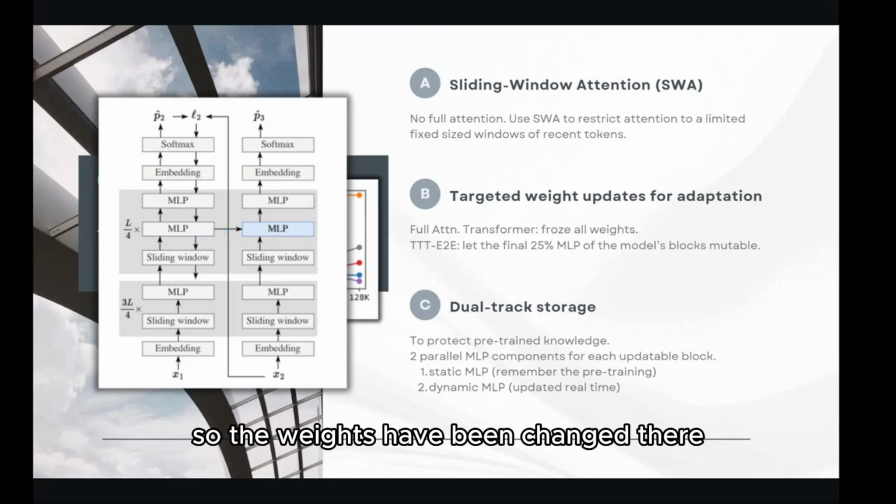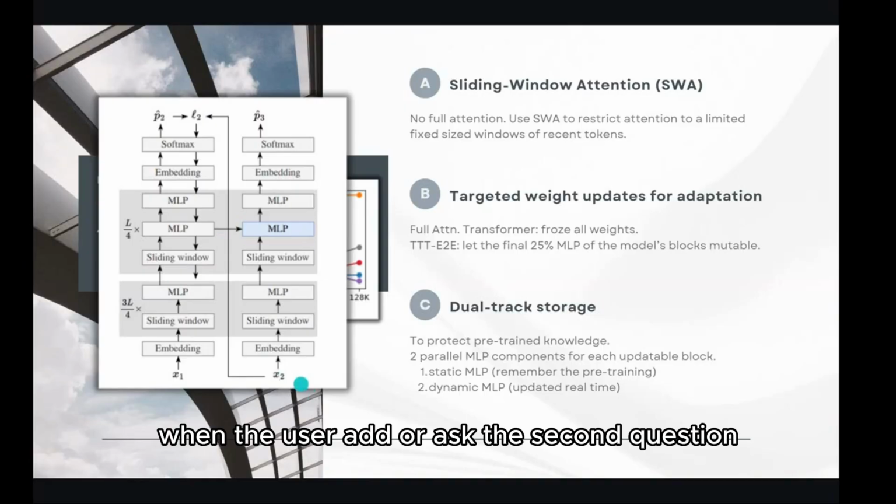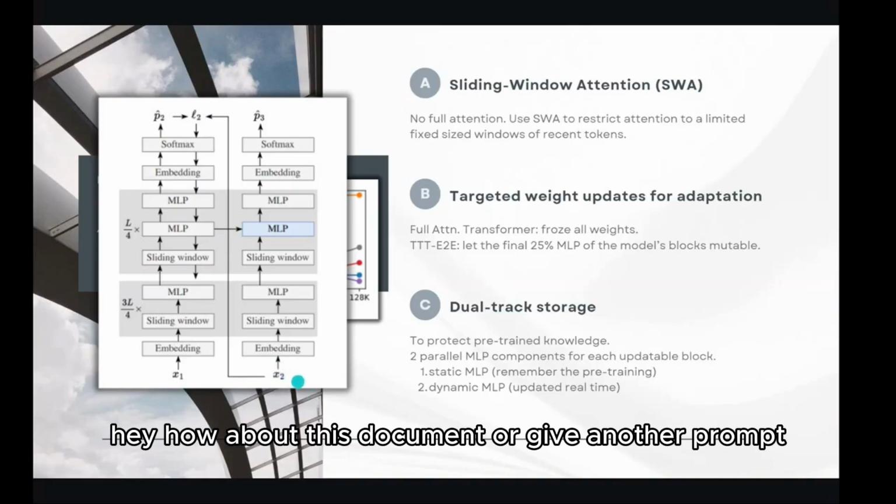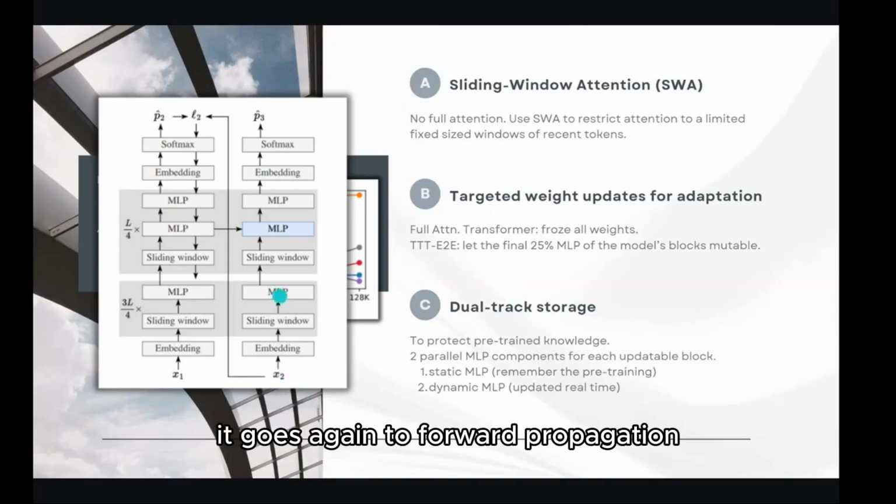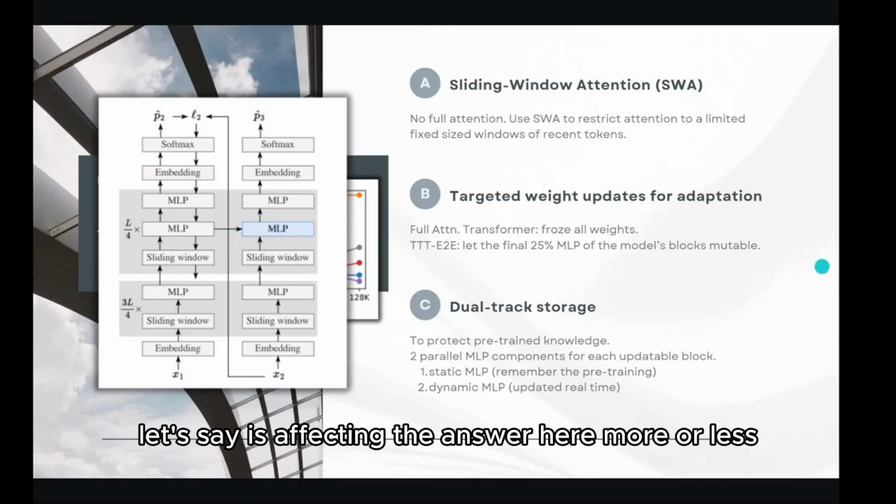So the weights have been changed there, and then therefore, when the user asks the second question, hey, how about this document, or gives another prompt, it goes again to forward propagation and gets another prediction. However, this MLP from the first loop, let's say, is affecting the answer here, more or less.